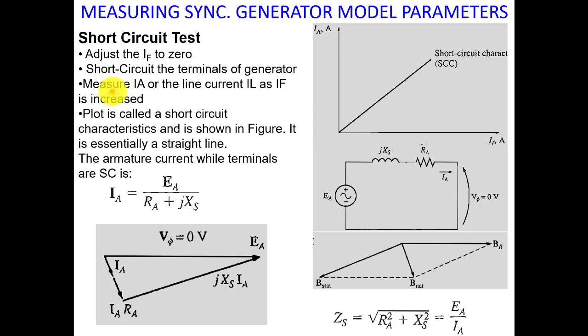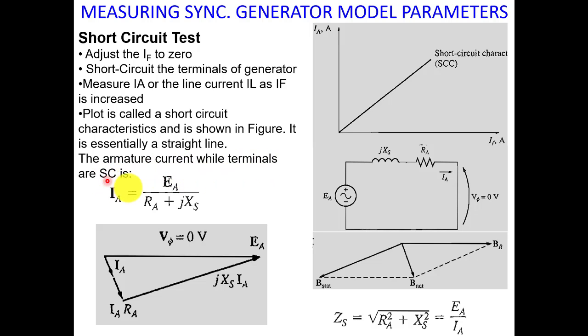Now we will measure IA, or the line current IL, as IF is increased. Again here we will increase the IF carefully because we have the terminals shorted, and we will measure the armature current. This plot is known as the short circuit characteristics.